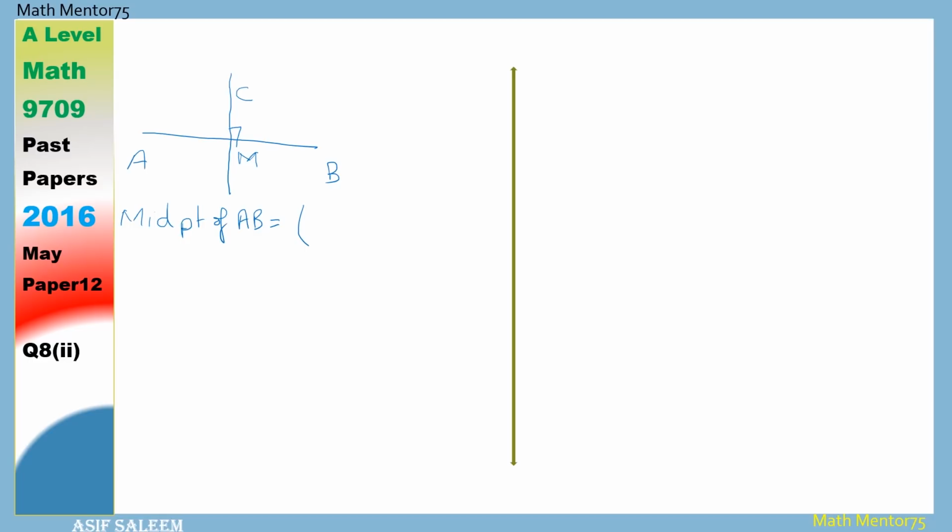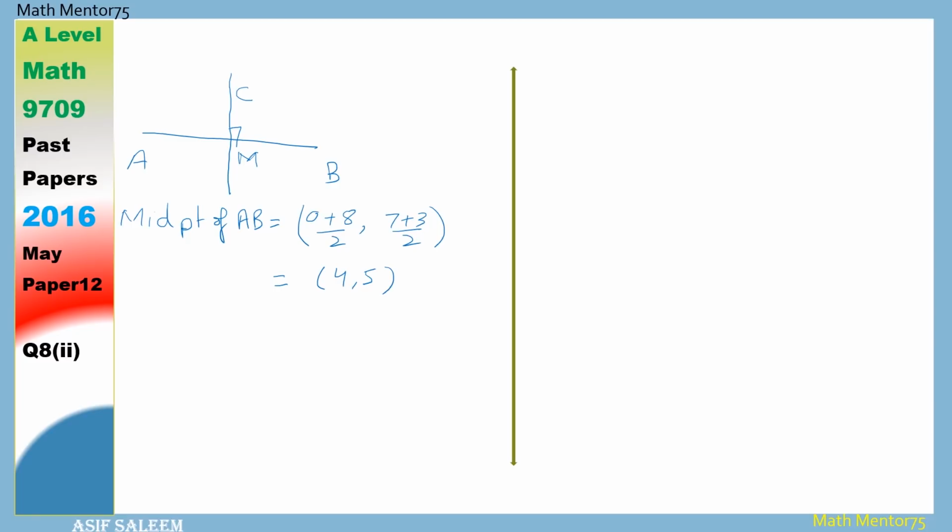We are going to apply this formula on points A and B. So x1 plus x2 over 2 and y1 plus y2 over 2. So the midpoint is 4 and 5.